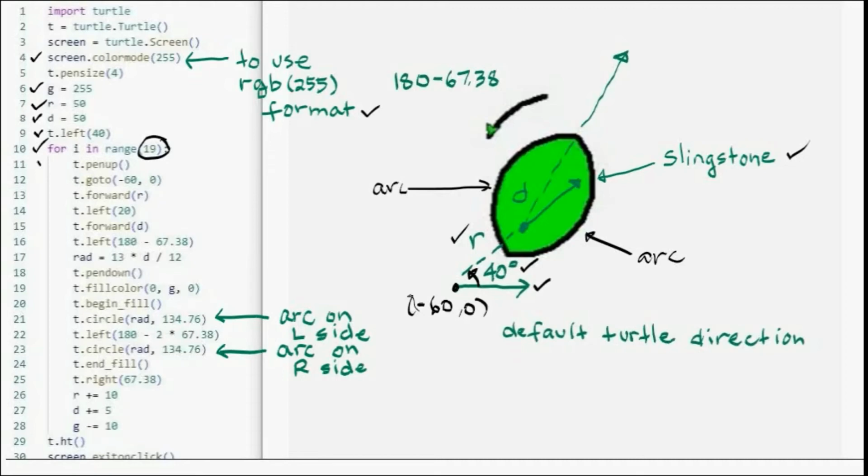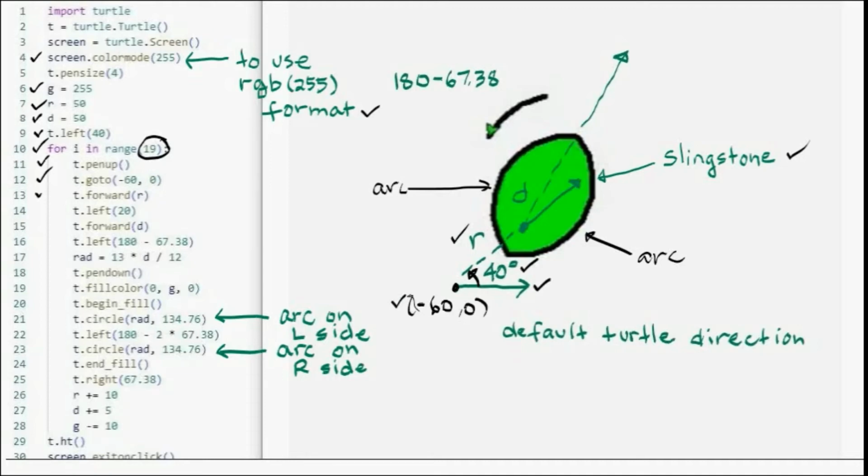First, number 11, I raise the pen. I raise the pen up so that I don't generate any line. And then I go to the center of the image. It is negative 60, 0, as I have mentioned a while ago here on the right side of the screen.